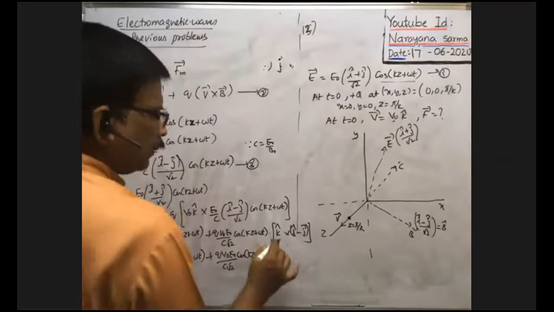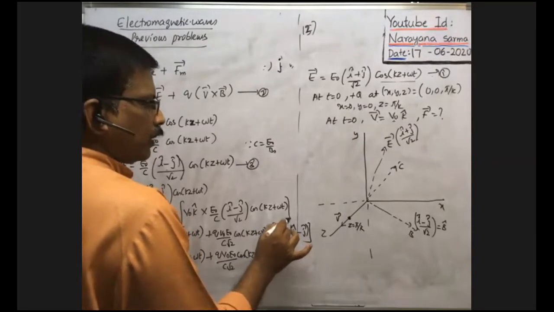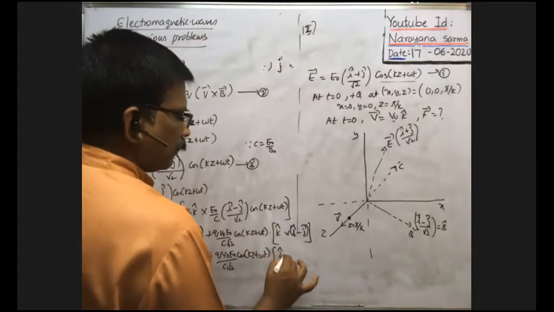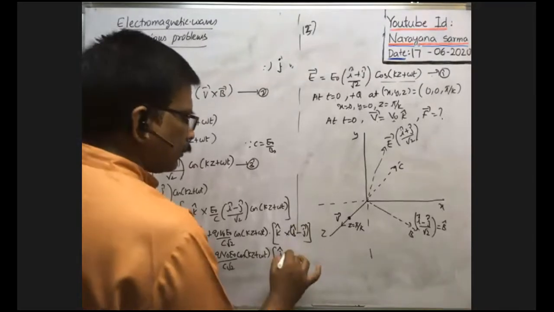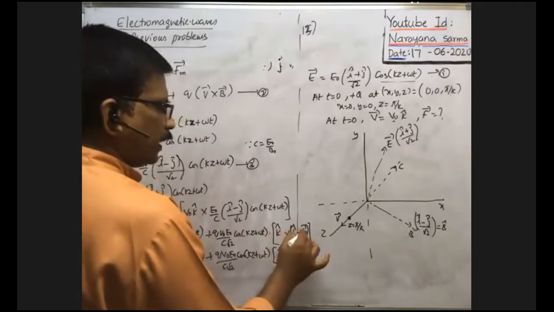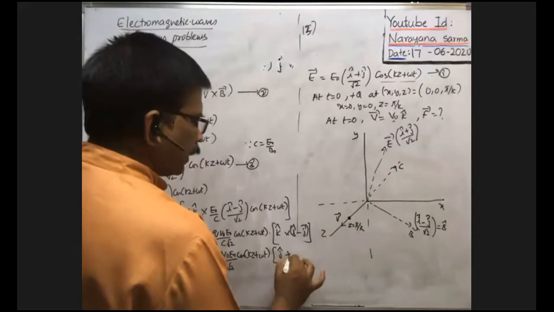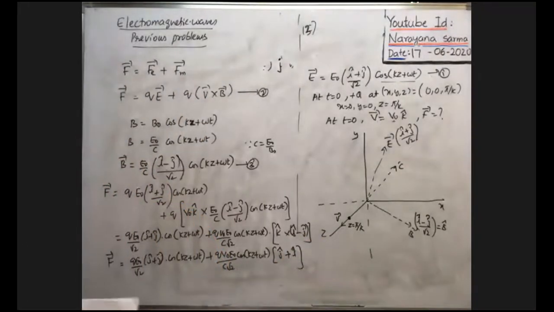Now you tell me, k cap cross i cap means j cap, no? Minus k cap cross j cap. Actually j cap cross k cap is called i cap. K cap cross j cap means minus i cap, no? So minus of minus i cap is plus i cap.